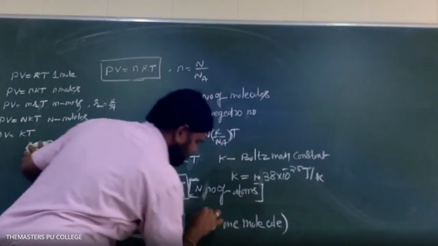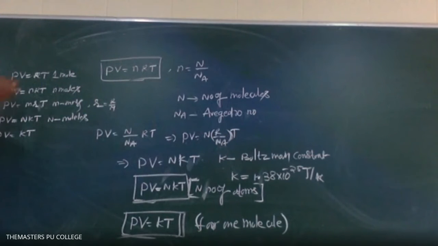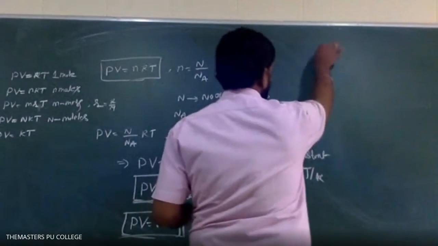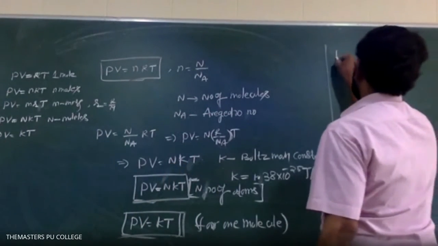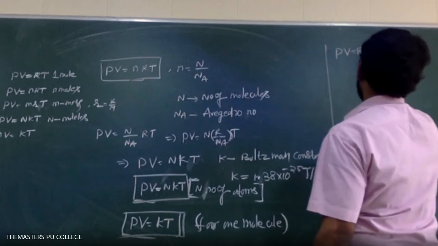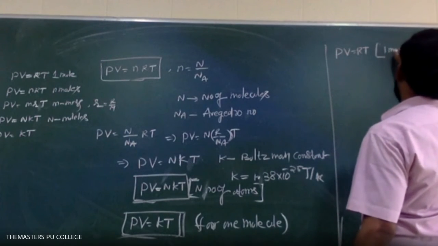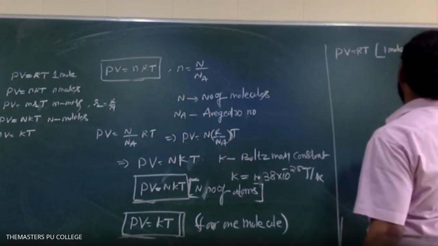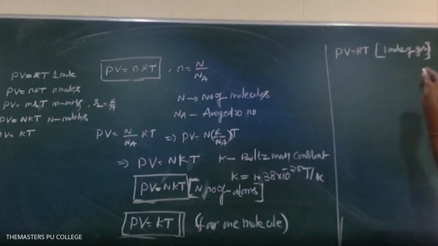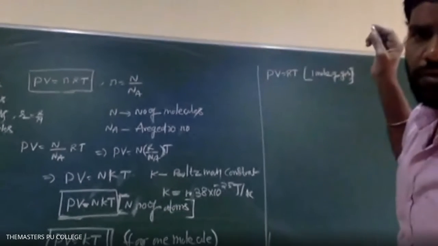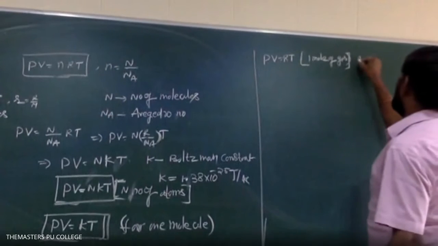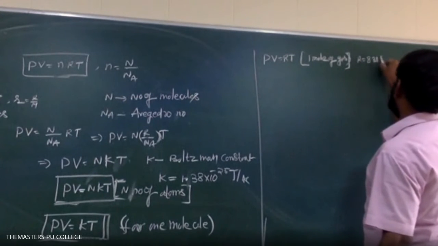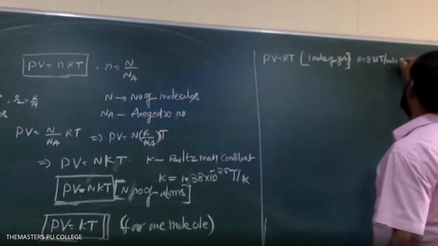So students, all our ideal gas equations are PV equals RT only. We can use these different equations to solve the objective questions. Just have a look at it. We got PV equals RT for 1 mole of gas, where R equals 8.31 joule per mole Kelvin.